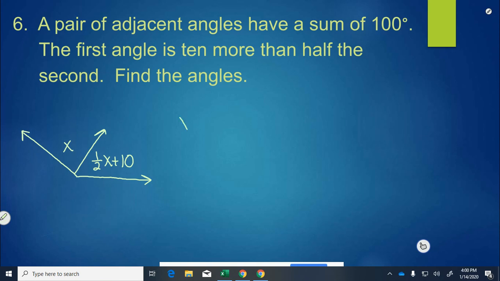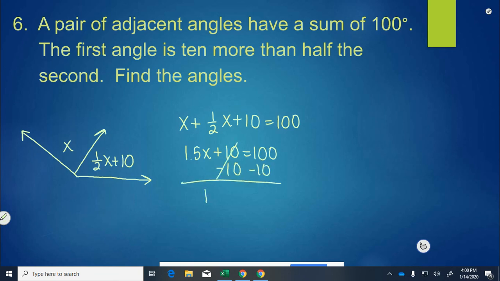Add those together, we get x plus half x plus 10 equals 100. So that's 1.5x plus 10 equals 100. Subtract 10 from both sides. 1.5x equals 90. And divide by 1.5.